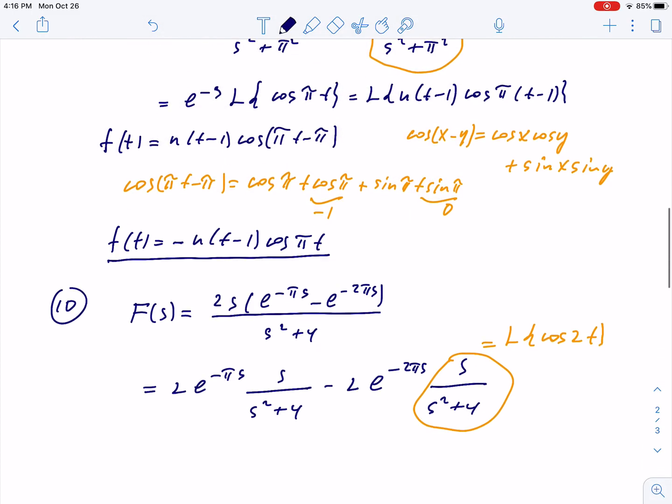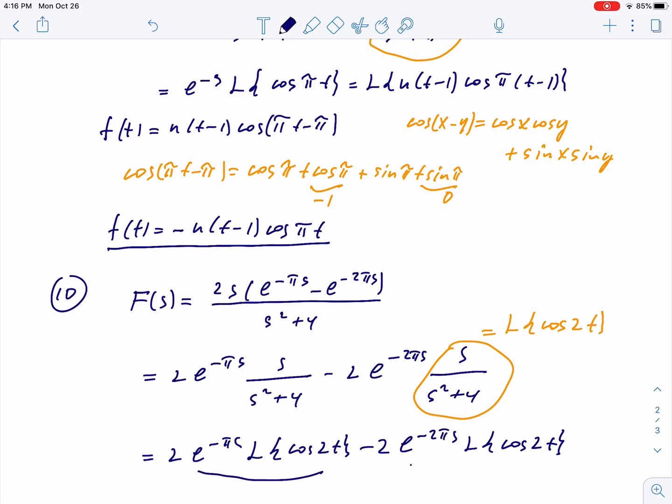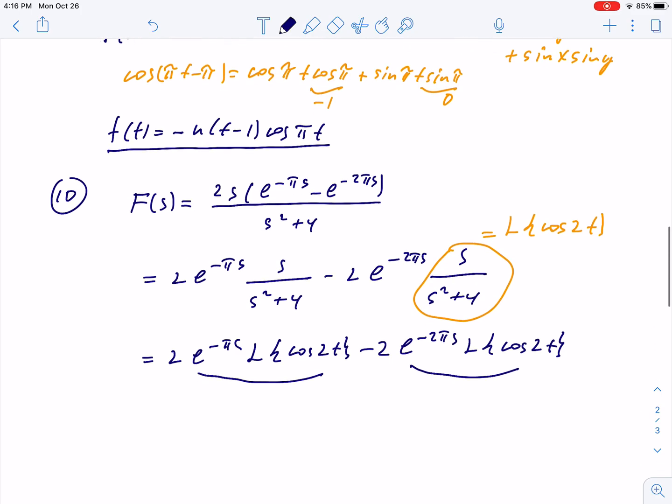Okay, continuing this work, I'm writing 2 times exponential negative pi s Laplace cosine 2t minus 2 times exponential negative 2 pi s Laplace cosine 2t. And for these two terms, now I'm going to use the t shift. We keep these two in front all the time.